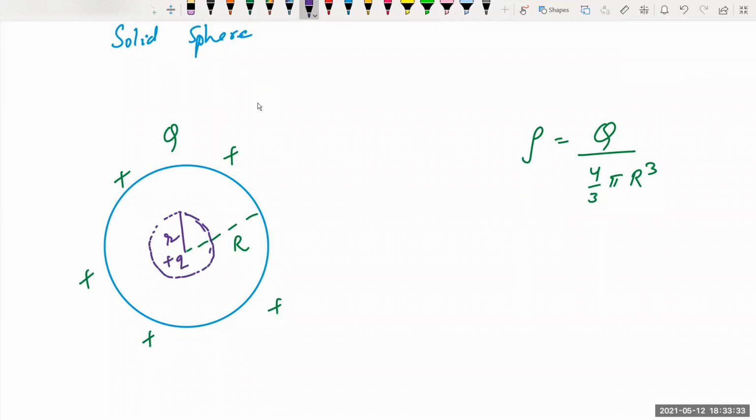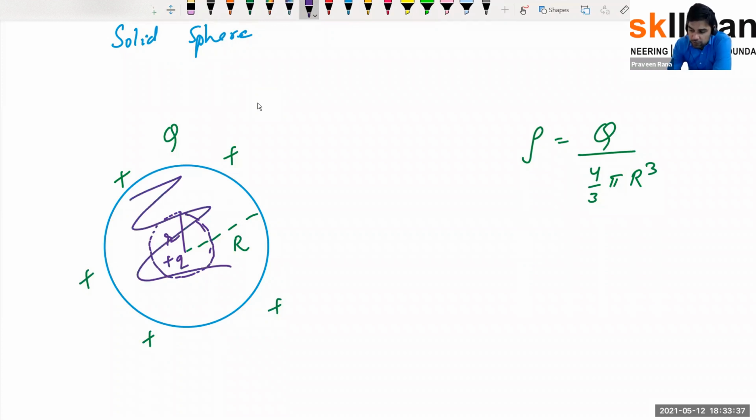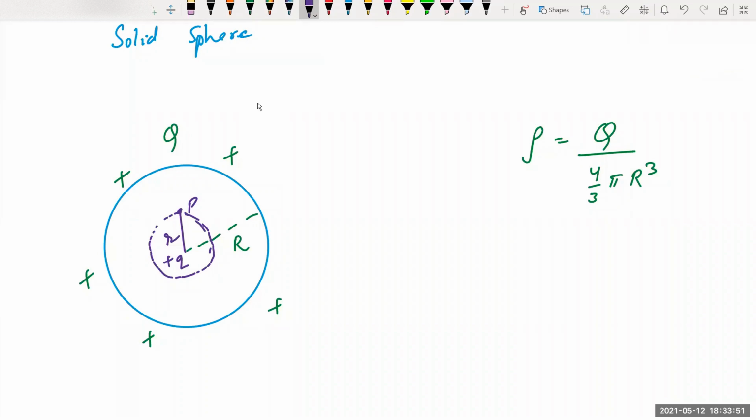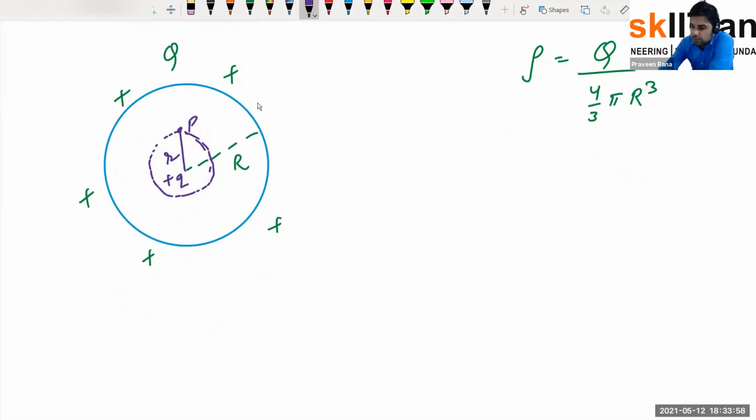Do you think the whole charge will be responsible for the electric field at this point P, or just the charge that is inside the hypothetical sphere? The whole charge? Why? Because the charges still exist. Exactly, no problem.